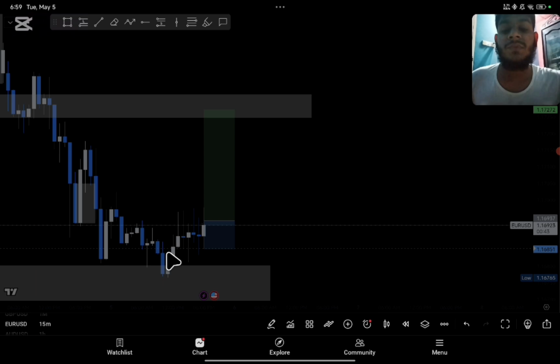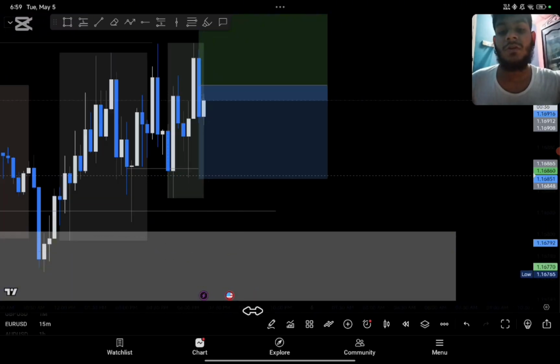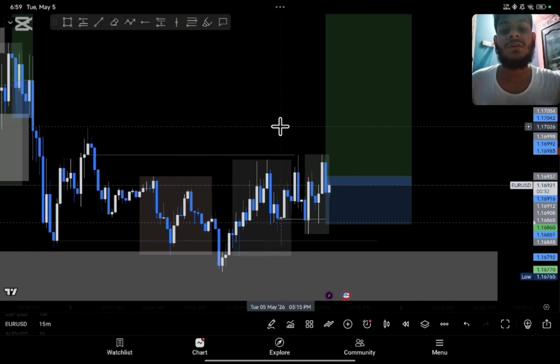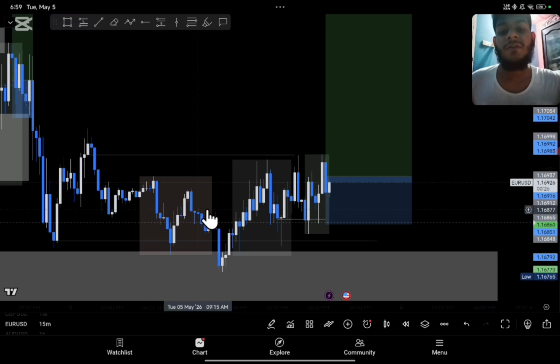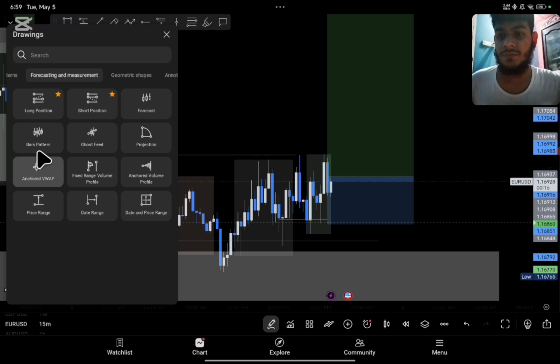And then here's the M5. We are bullish, but one thing I would like to complain about, and that is my SL area is quite tight, I would say. We do have the market structure shift in this area.